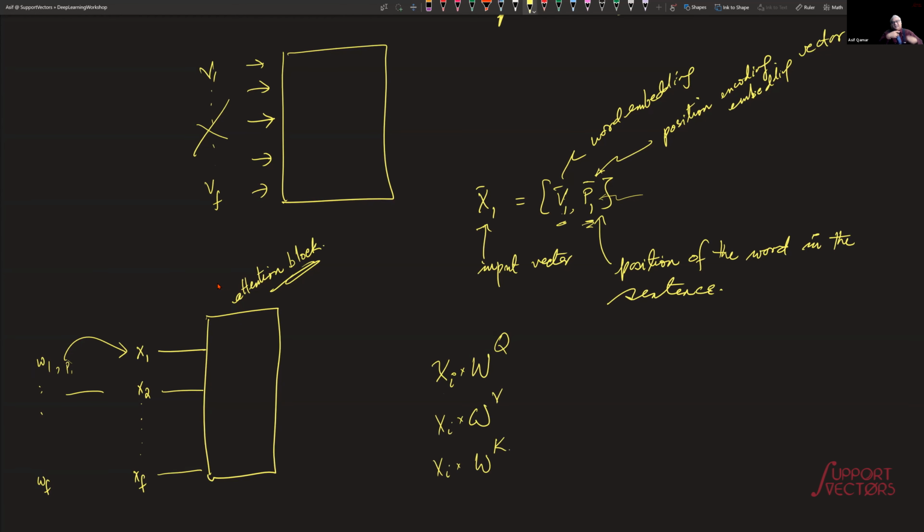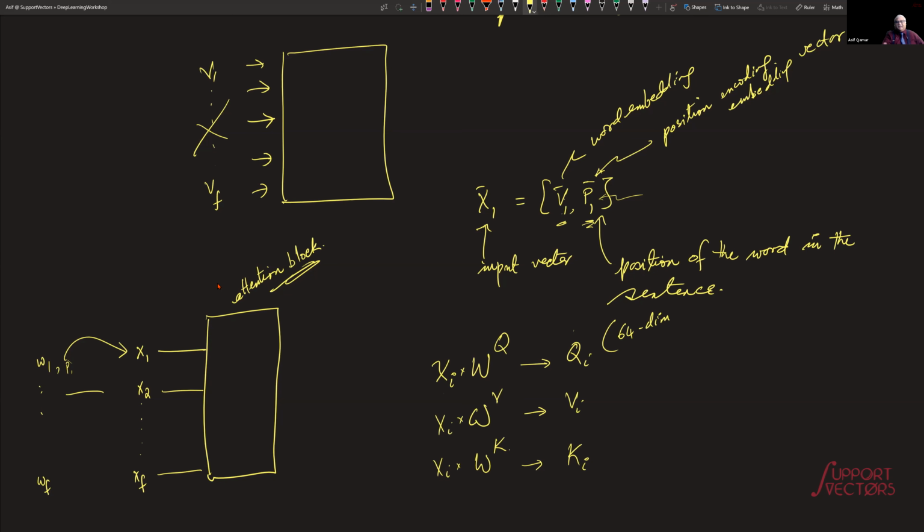The outputs become Qi, Vi, and Ki. These are typically 64 dimensional, much smaller dimensions.